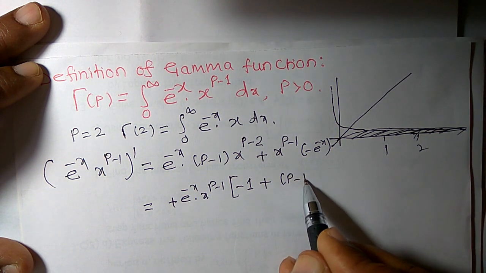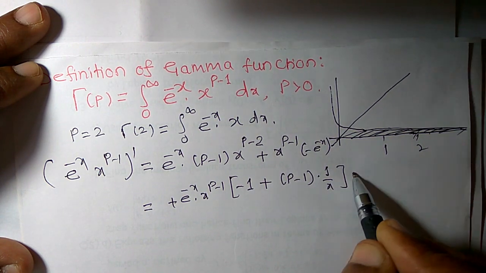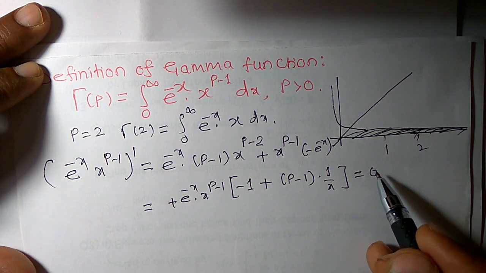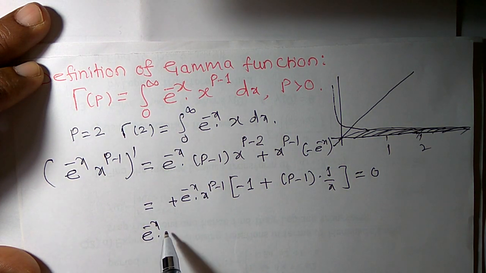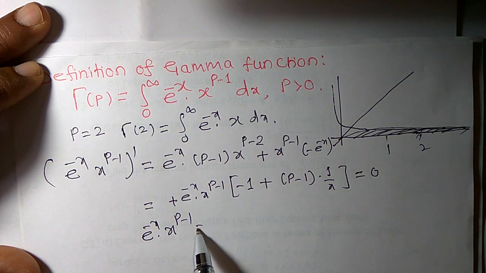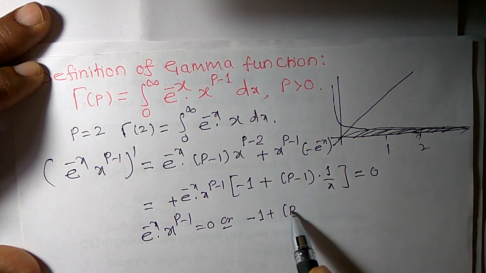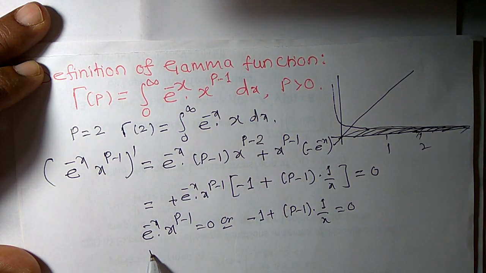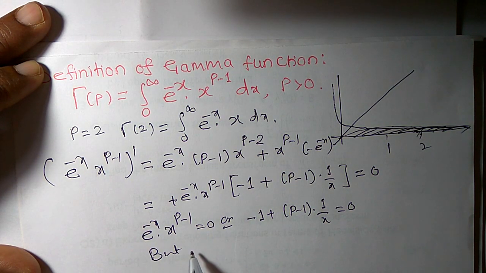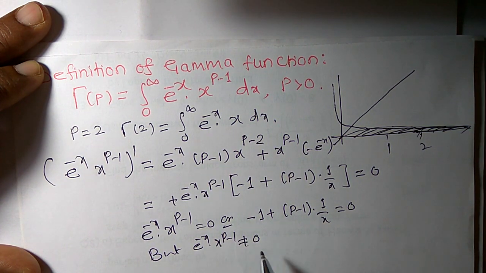Setting it equal to 0, there are two possibilities: e to the power minus x into x to the power p minus 1 is equal to 0, or minus 1 plus p minus 1 into 1 upon x is equal to 0. But it is an exponential function, it may not be equal to 0. So e to the power minus x into x to the power p minus 1 is not equal to 0.